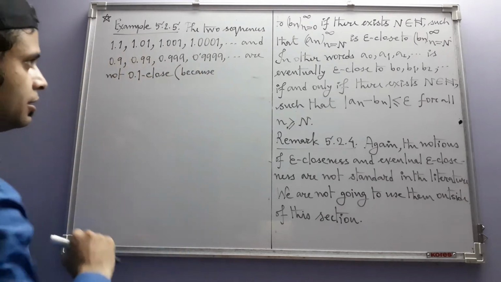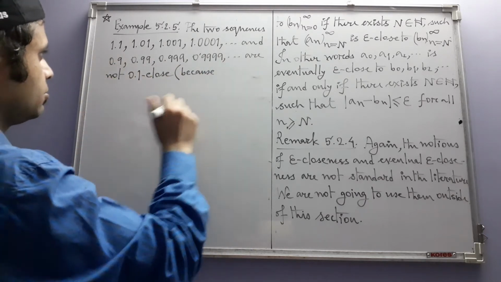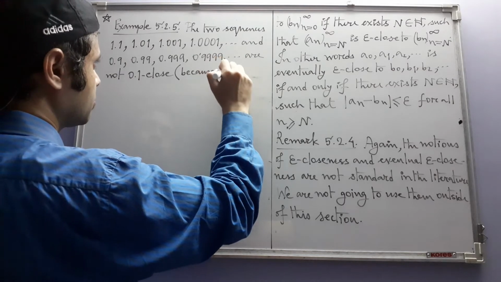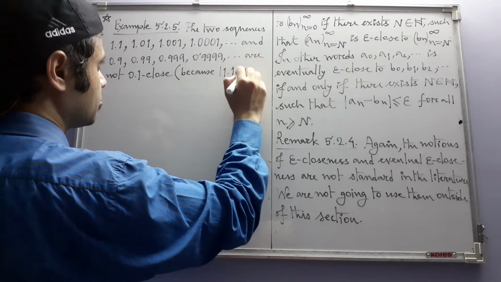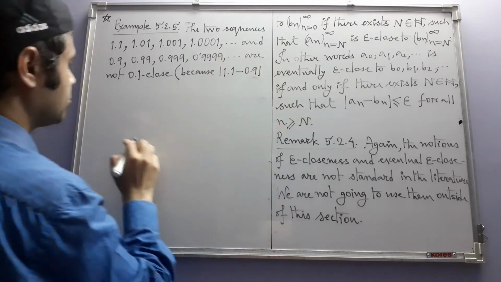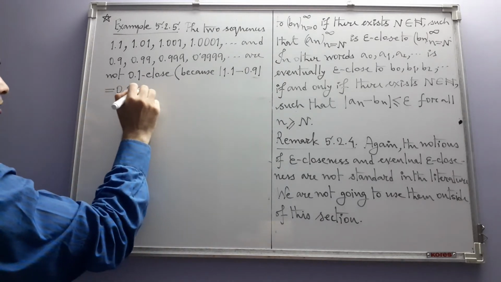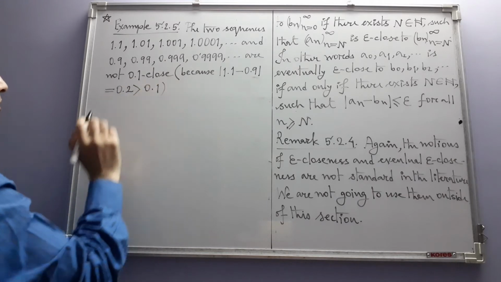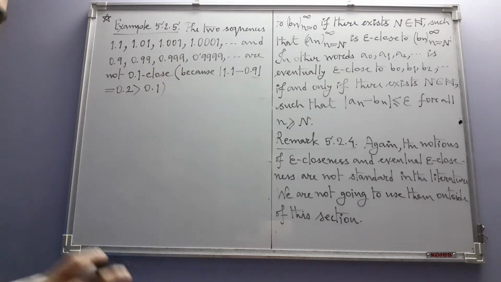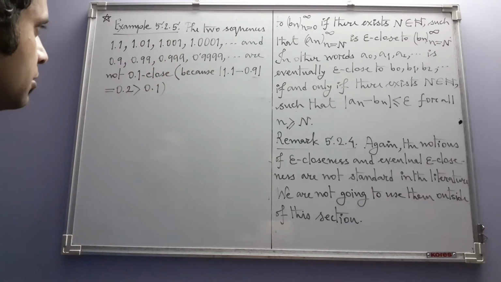Because if you take the difference of the first two terms, what do you get? The difference is 0.2, which is greater than 0.1. So the two sequences fail to be 0.1 close, but they are eventually 0.1 close.